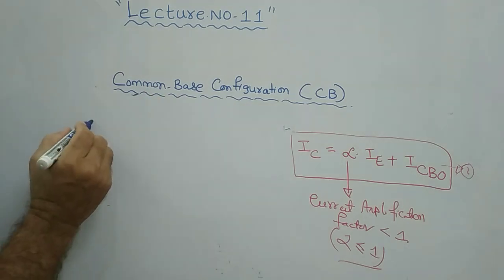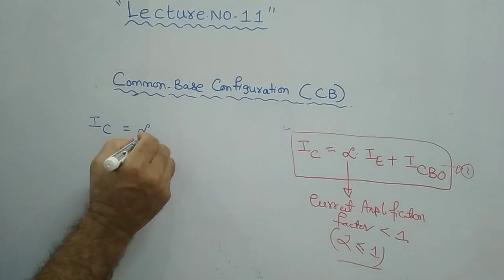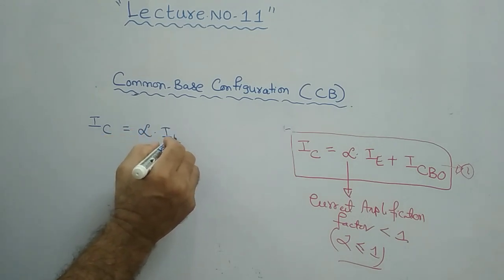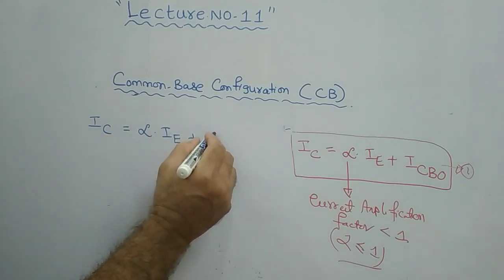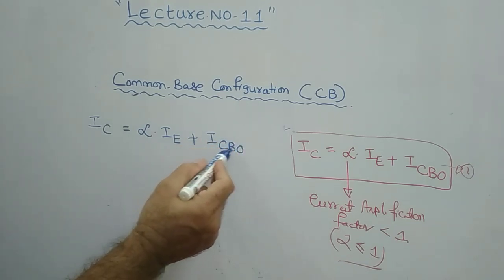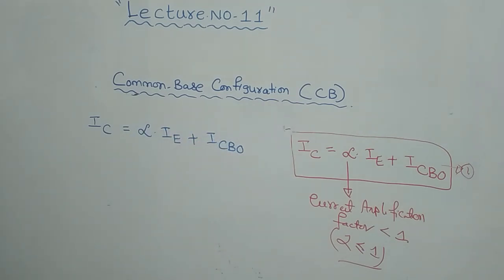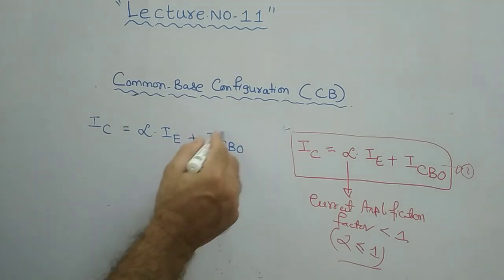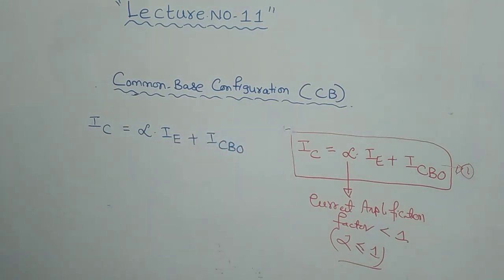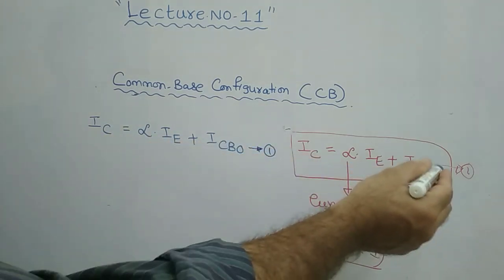I will write it again: IC, the output current, is equal to alpha times IE plus ICBO. What is ICBO? In common base configuration, this is the reverse bias current, sometimes also called leakage current. This is equation number 1 as I have marked.